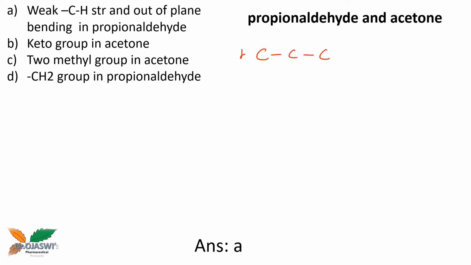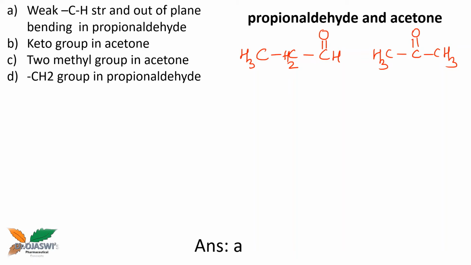CH3, CH2, CH, propionaldehyde. And then acetone, CH3, CH3. So these are the two structures, propionaldehyde and acetone.